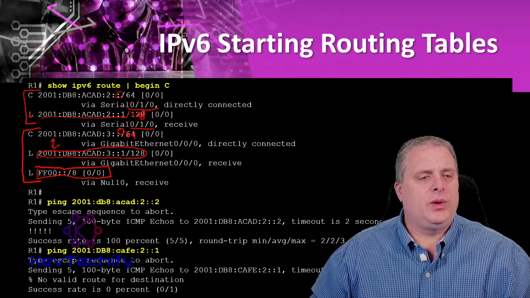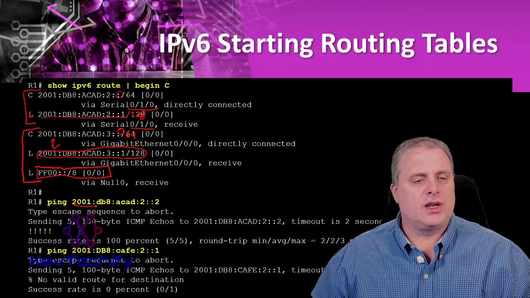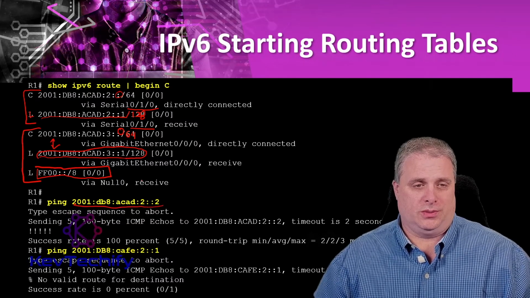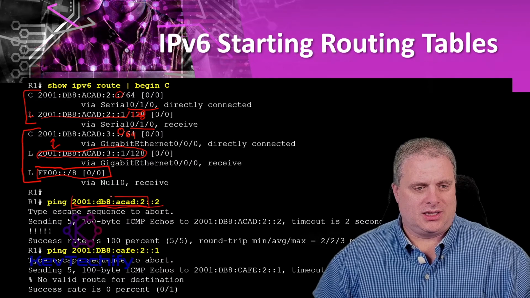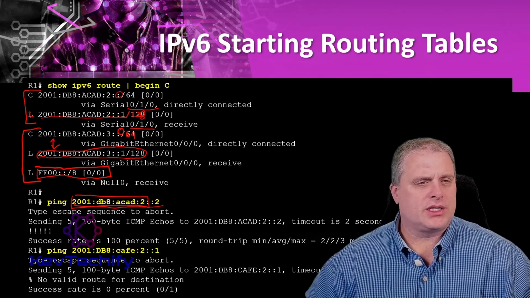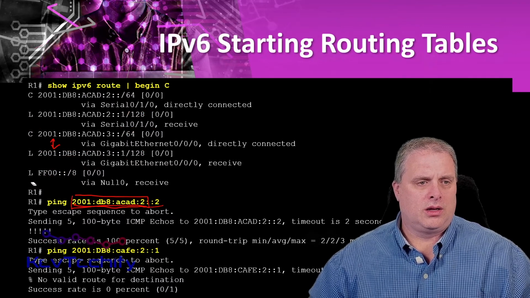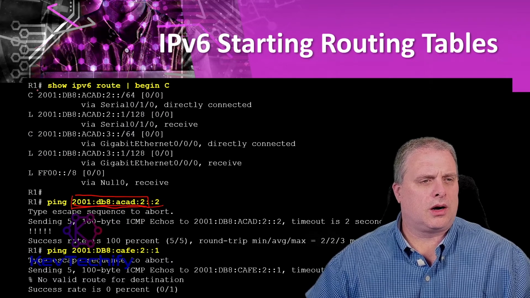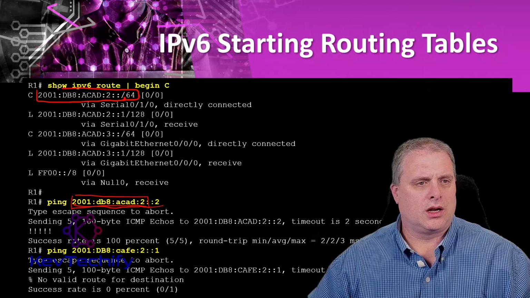When we come down here and we issue a couple of ping statements, first ping we issue is 2001:DB8:ACAD:2::2. Here is the network portion of that address. When we look in our routing table, and give me a second, let me erase some of this information up here, clean this up a little. And then I'm going to quickly circle our network addresses we know about. Those are the directly connected networks.